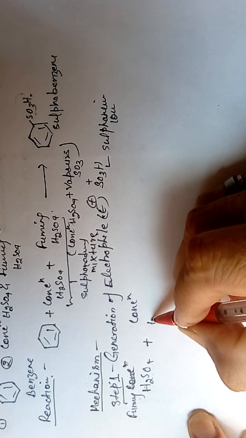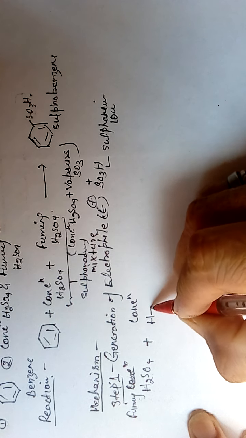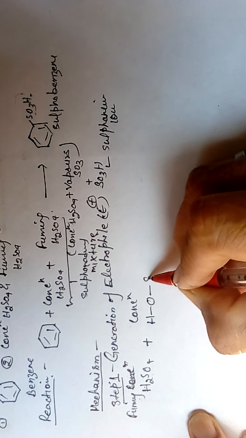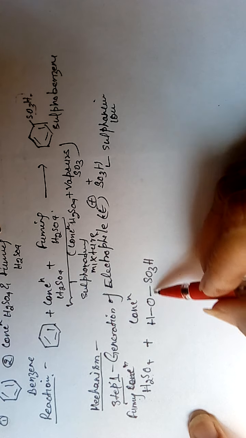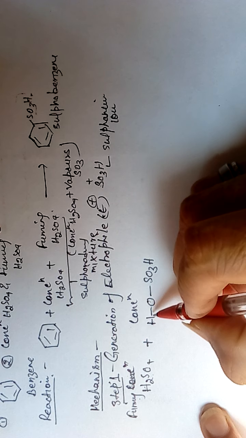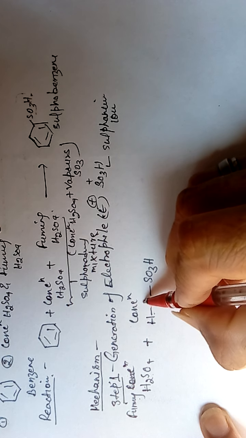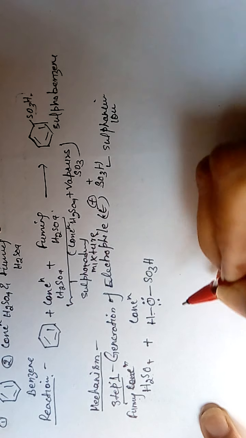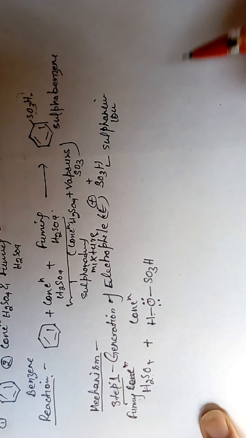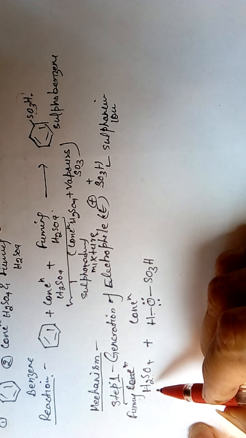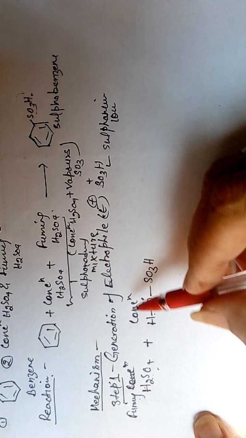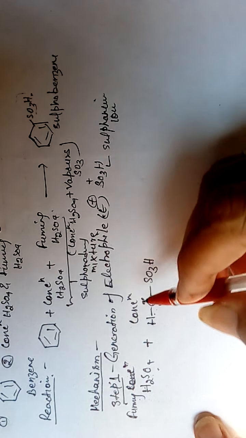We can write the sulfuric acid like this. This oxygen contains 2 lone pairs of electrons, and this fuming sulfuric acid becomes very strong in comparison with concentrated sulfuric acid.